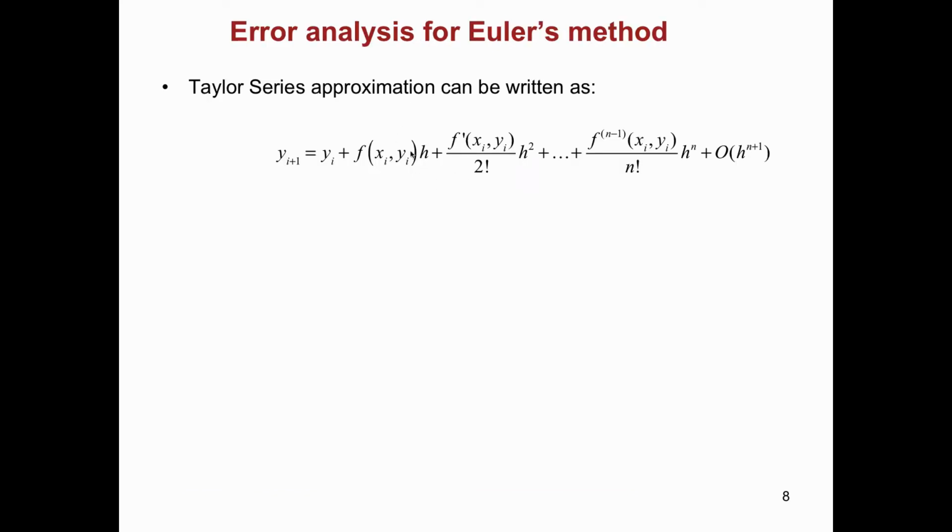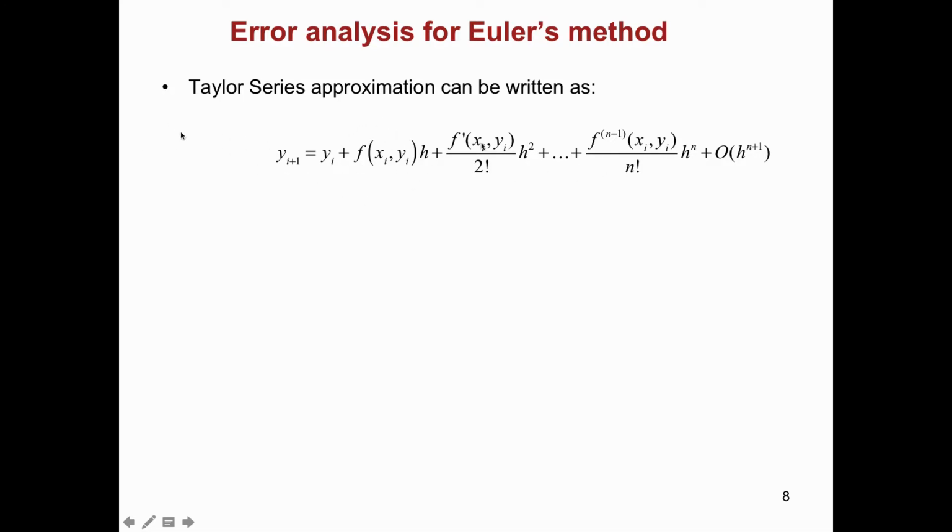So let's just look at error analysis and how one looks at the error here. So my y_{i+1} is equal to y_i. Basically, if I had my function y of x, this would be y of x_{i+1}, and it's equal to y of x_i plus dy/dx.